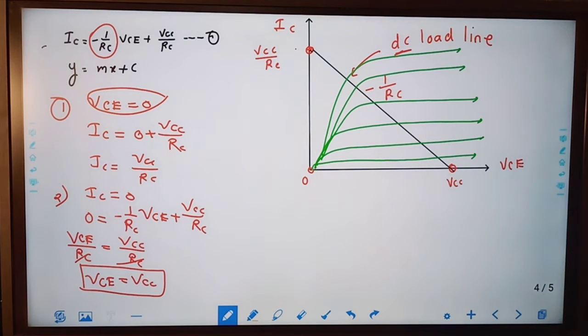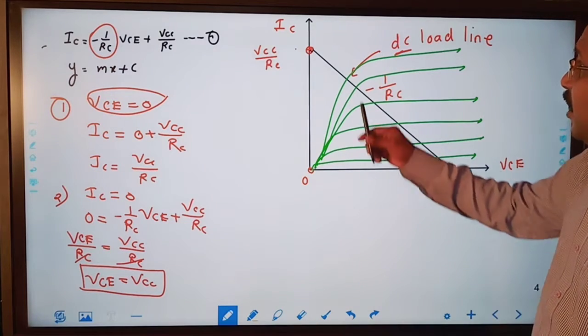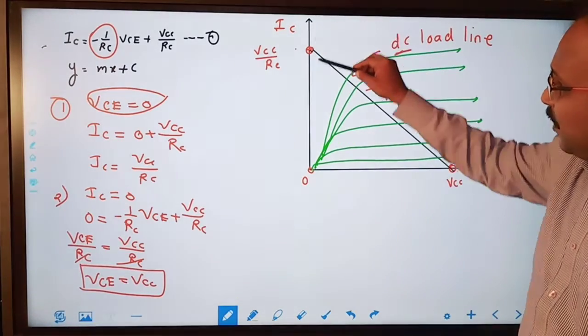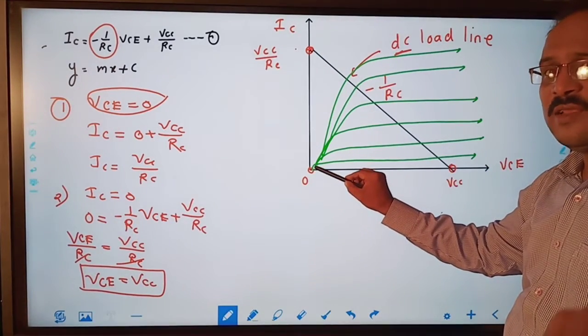Okay, this is the output characteristics of the transistor. So if we vary IB from the input side, IB is directly proportional to IC. When IB is equal to 0, at that time IC is also 0.